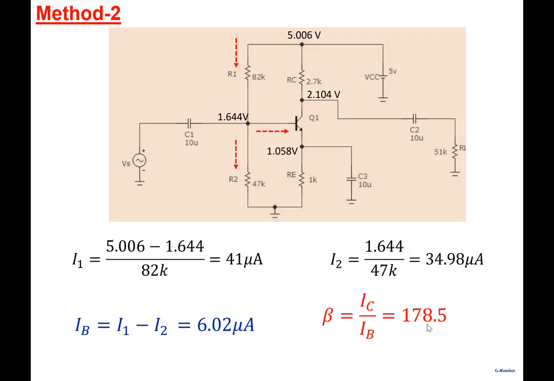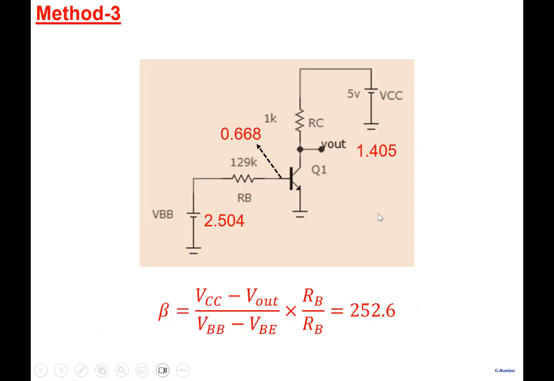So the previous one gave a minus answer, this one gave 178.5. Let's apply method 3. Method 3 was this circuit here. We applied 2.5, but measured voltage was 2.504. This is 0.668. This is 1.405. We calculate base current and collector current, take the ratio. We get 252.6.